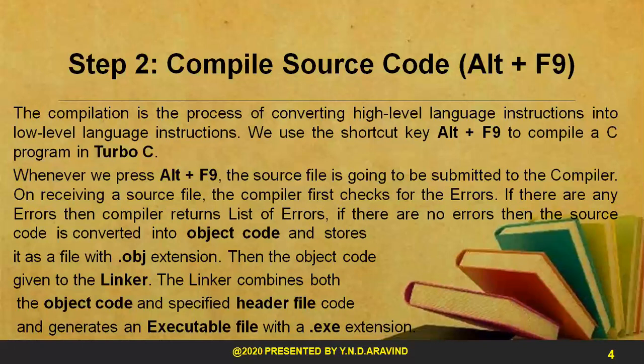The C compilation process converts the source code taken as input into the object code or machine code, and the compilation process can be divided into 4 steps. One is pre-processing, second is compiling, third is assembling, and the fourth step is linking. Here the preprocessor takes the source code as an input and removes all the comments from the source code.